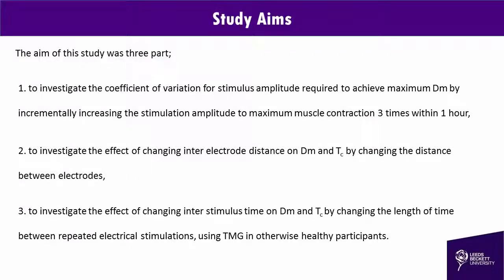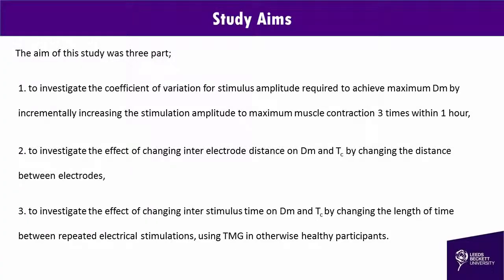So my research, the aim was 3-part. First of all, I wanted to look at if the amplitude required to achieve maximum contraction changed if I did this multiple times. In a lot of the intervention studies, you're looking at a baseline score, then you're giving an intervention, whether it's tape or running, and then you're going to measure afterwards as well, or during the intervention if you can do so.